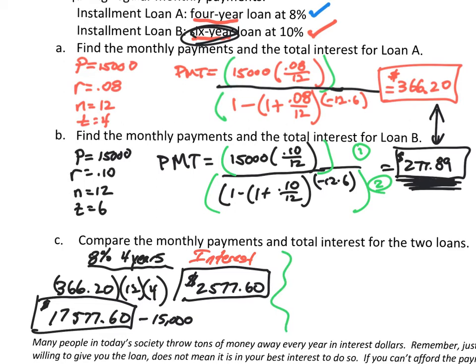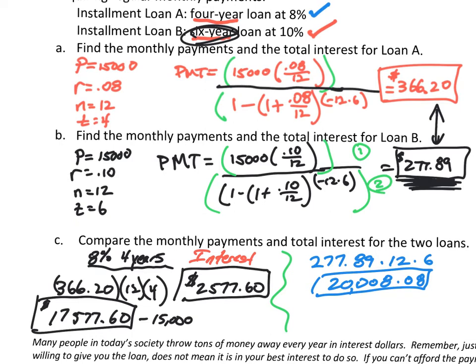Now let's compare the 6-year loan at 10%. A higher interest rate because it's a longer loan. What we found out is that it was $277.89 every month for 6 years. So $277.89 times 12 times 6 ends up being, look at this number, $20,008.08. Look how much more money you're paying for the car by extending the loan 2 extra years.